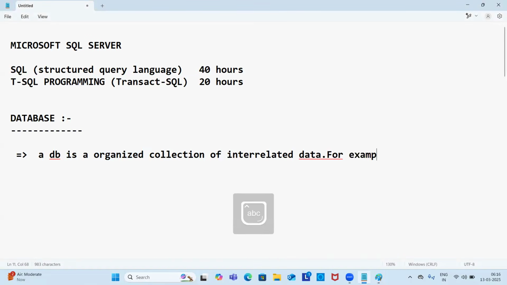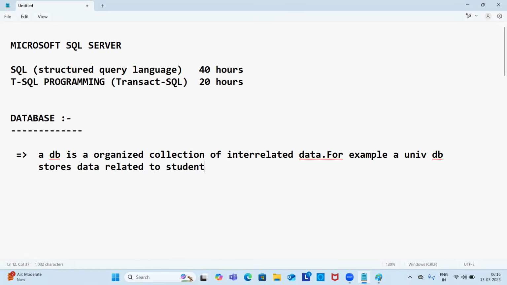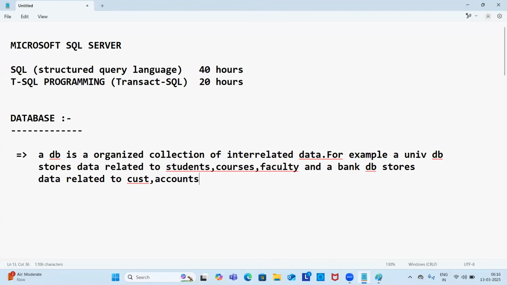For example, a university database stores data related to students, courses, faculty, and a bank database stores data related to customers, accounts, and transactions, etc.